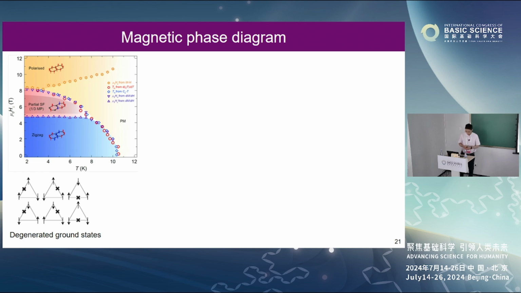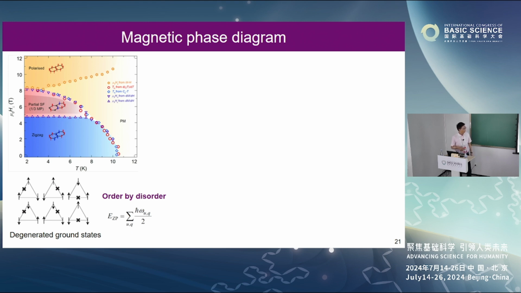However, if the quantum effect is strong enough, you have to consider the quantum zero-point energy. Then whichever state has the lowest zero-point energy will eventually win. So this mechanism is called the order by disorder mechanism.